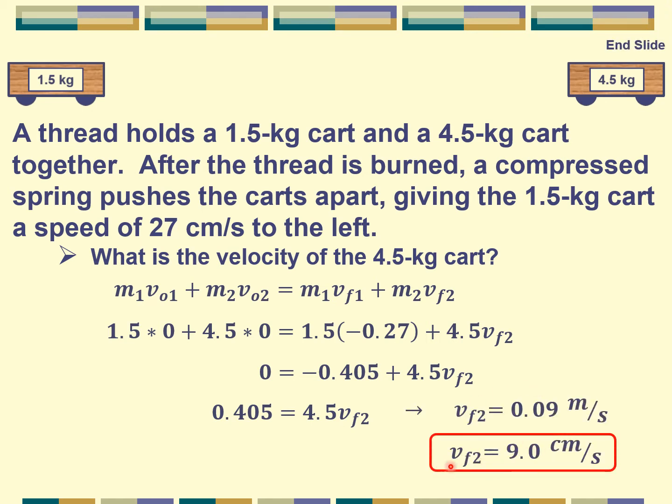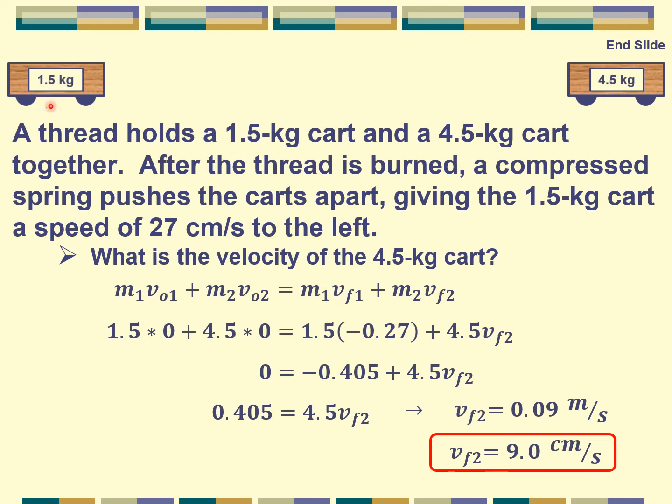Now what you notice is your final velocity of the second car is going to be 9 centimeters per second. If you think about conservation of momentum, the momentum initially was 0 because neither car was moving, so the momentum after also has to be 0. You can figure it out mathematically, but think about it like this.